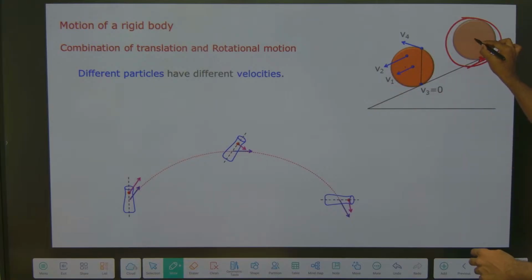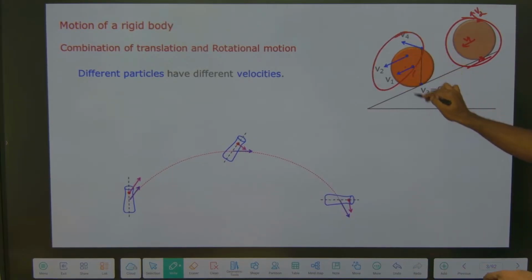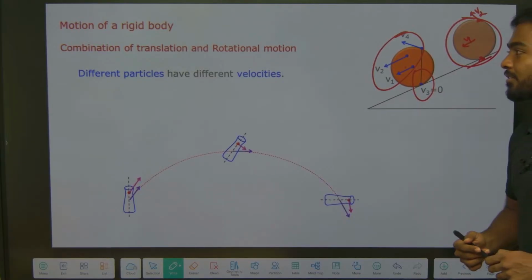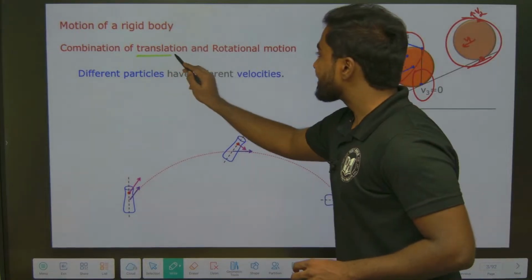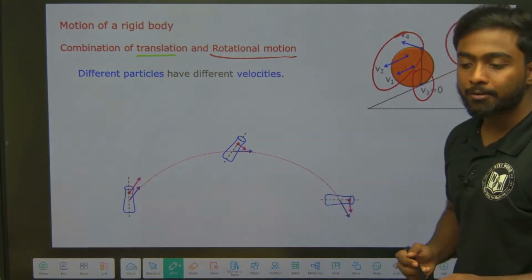If I consider the center, this is v1, and if I consider this v2 or v4, every particle will have a different velocity. This is the motion of a rigid body, a combination of translation plus rotational motion.